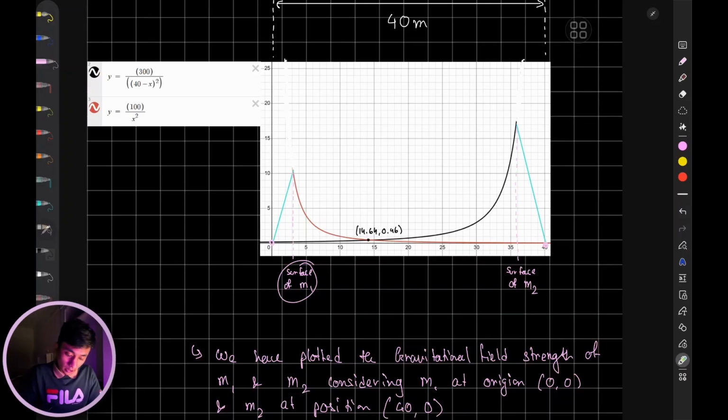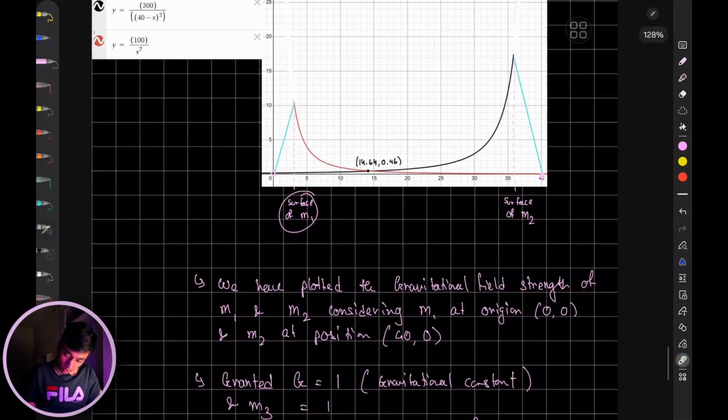You get that? Now, what have I plotted over here? What I've plotted really is the gravitational field strength of M1 and the gravitational field strength of M2. Do you see that?